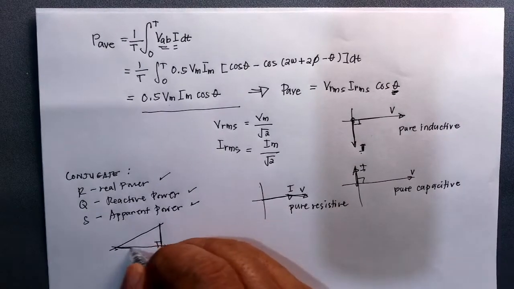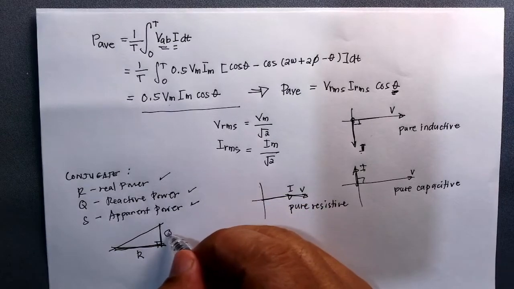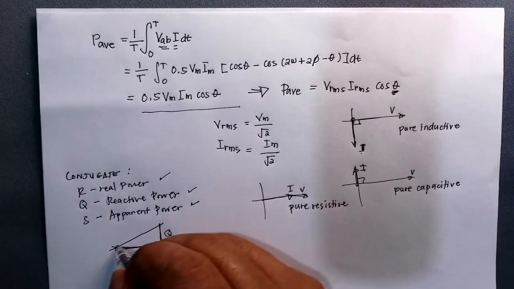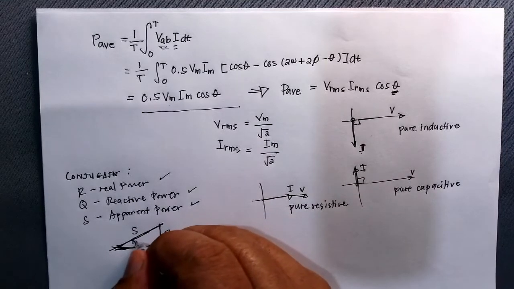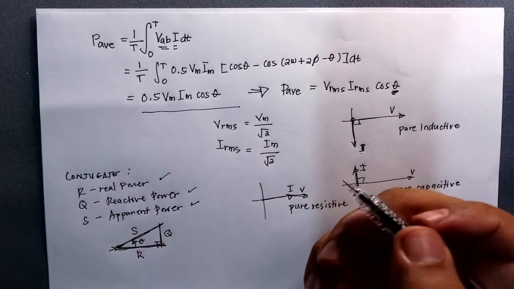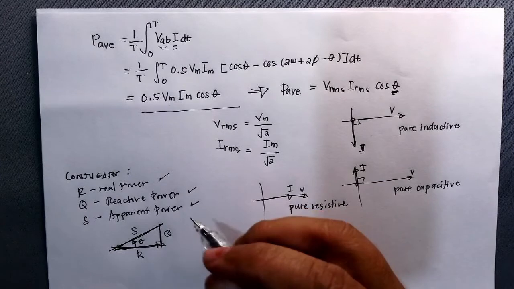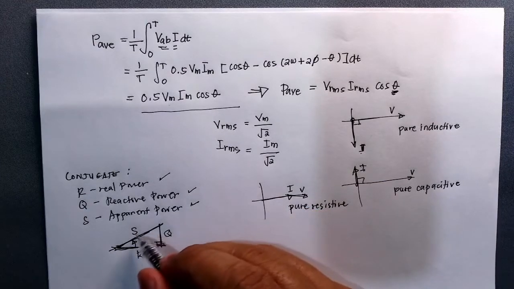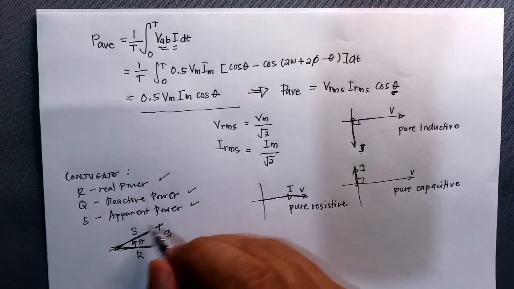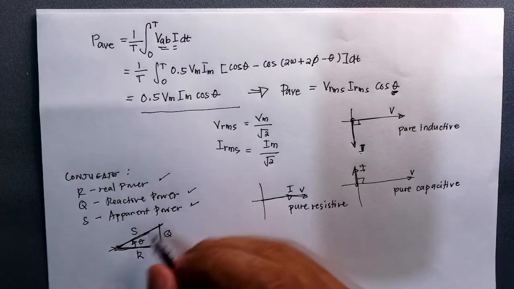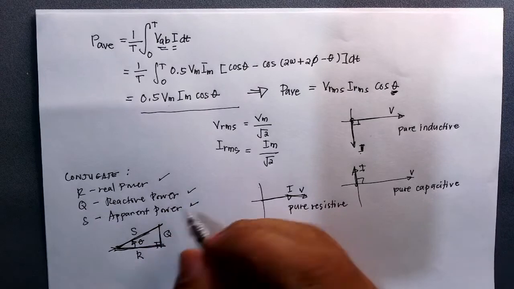Okay, where this part is your real power, P, and this one is the reactive power, Q, and the hypotenuse is the apparent power, S. And we have here theta. Okay, so it is easy for us to solve for the power here if the other powers are given. If one power is given here and you have an angle here, you can solve for the other powers.